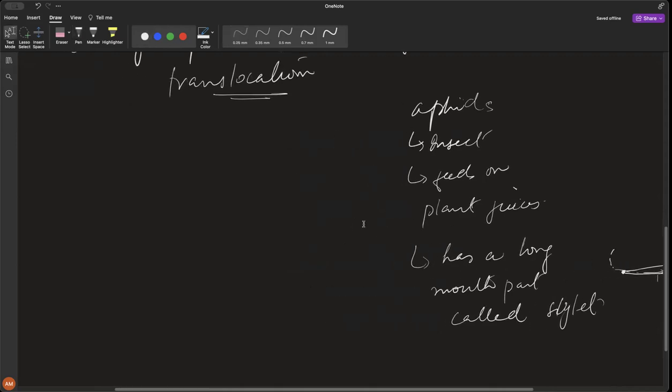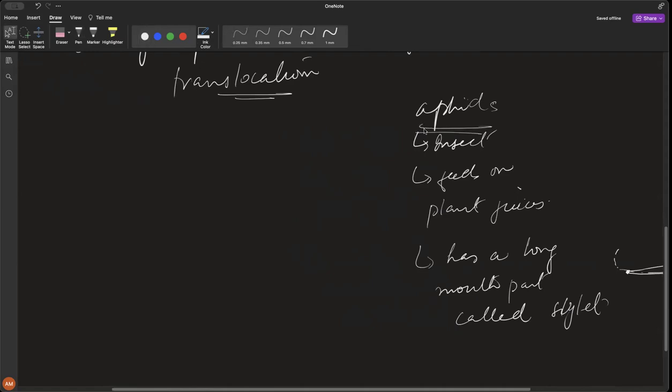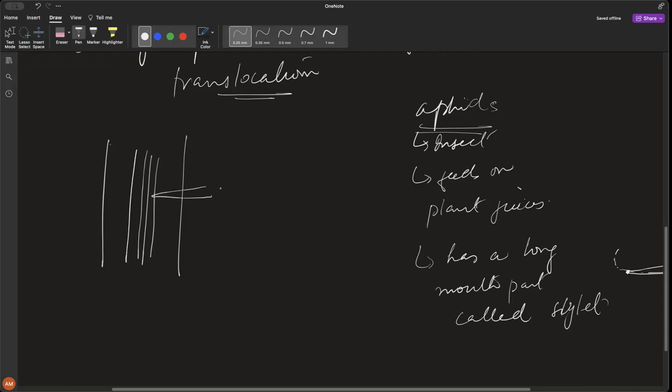So what the aphid does is that it inserts its stylet deep into the stem until it reaches the phloem. This is the phloem, this is the xylem.